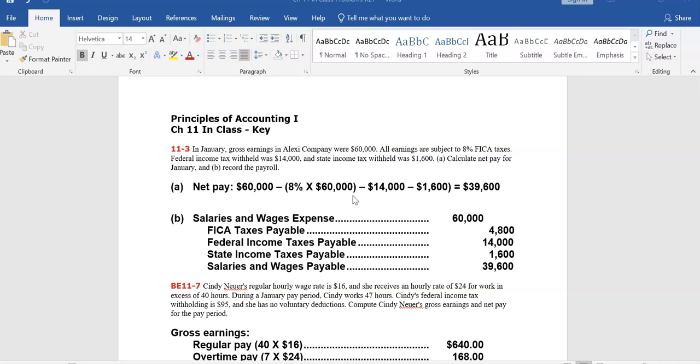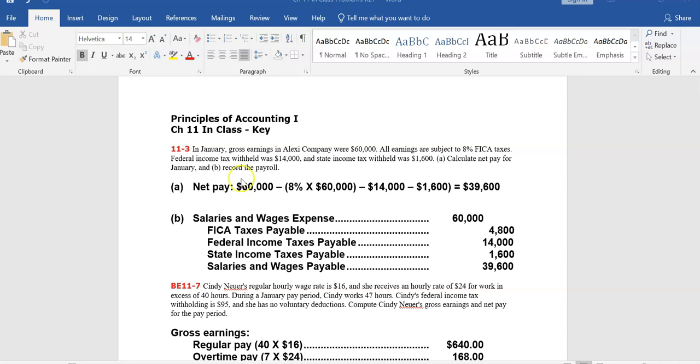Our first step is to calculate net pay for January and record the payroll in Alexi's general ledger. So remember, net pay is the difference between the gross amount of earnings, or the earnings that employees earned based on their salaries and hourly wages.